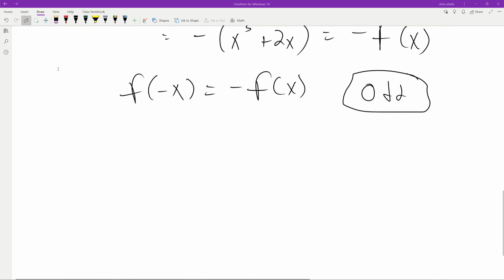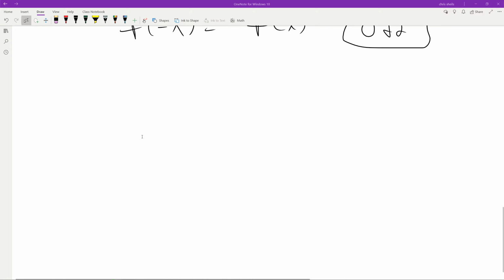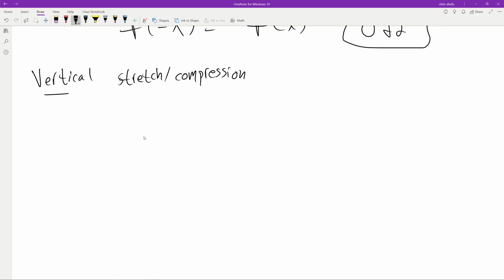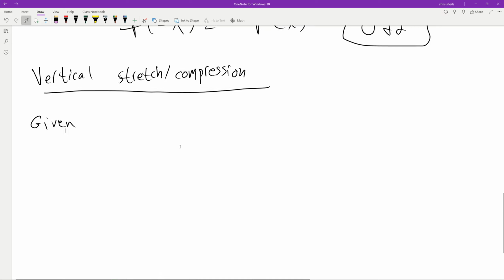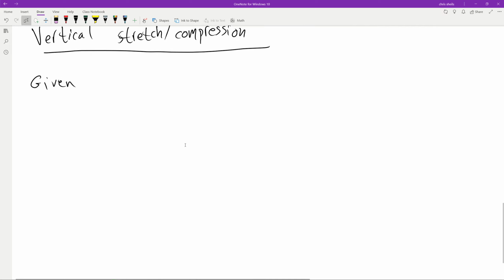Let's look at stretches and compressions. So we're going to have a similar definition.